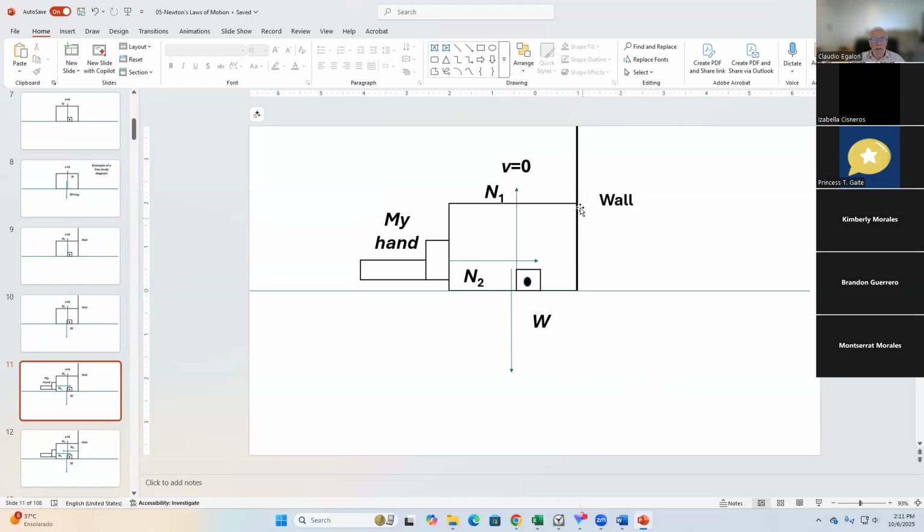The wall must exert a force as well to counter this other force. And so here you go, we're going to have this third normal force. First normal force, second normal force due to my hand, and a third normal force that the wall is applying.